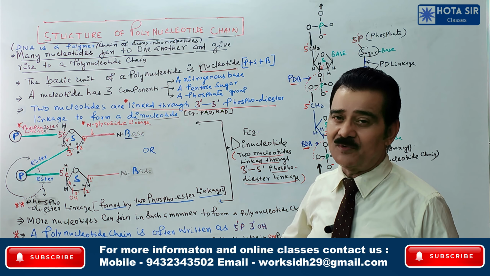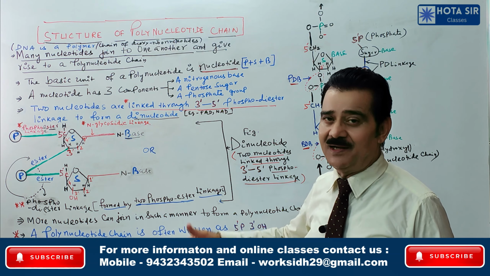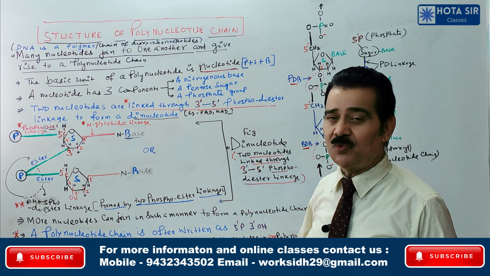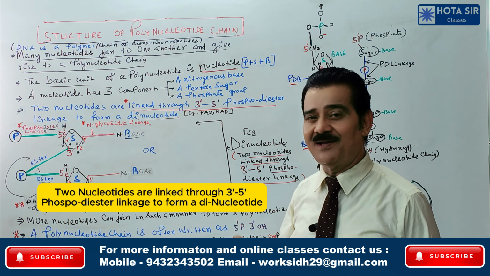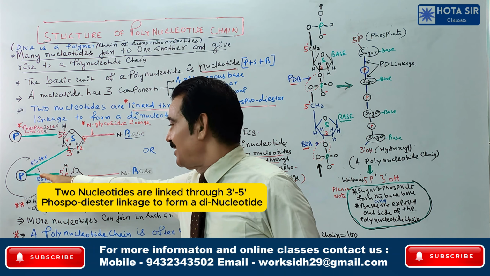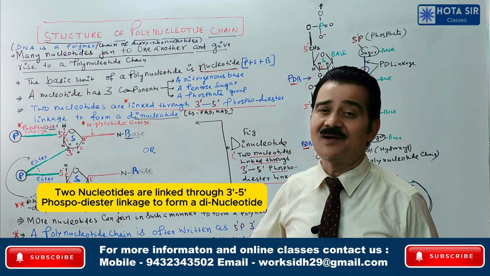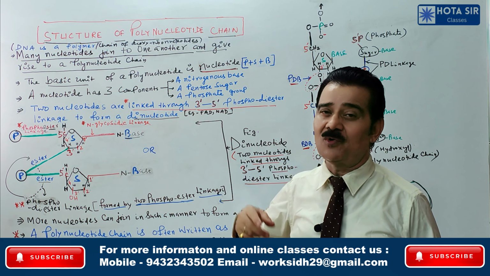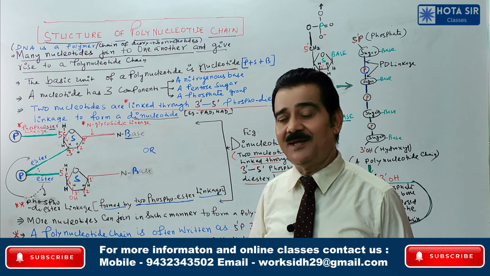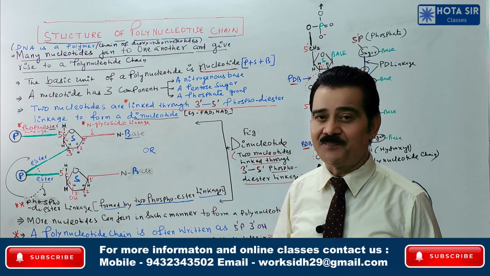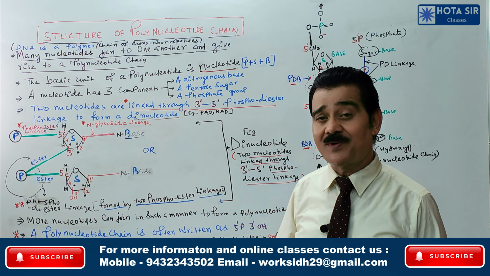Now these two nucleotides link or join through 3,5 phosphodiester linkage. 3,5 phosphodiester linkage. So if two nucleotides are joining, one phosphodiester linkage or bond is formed. Why is it called phosphodiester?